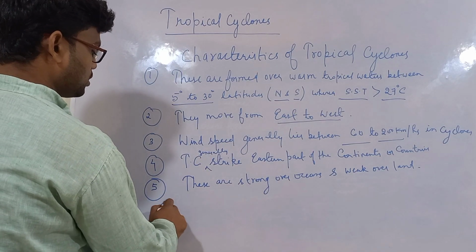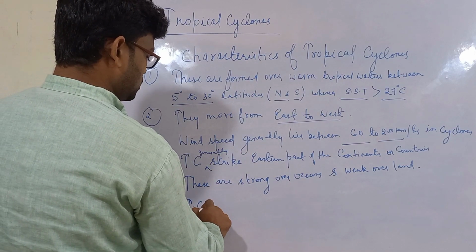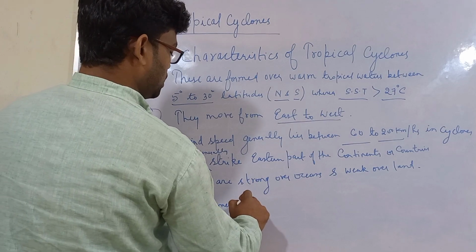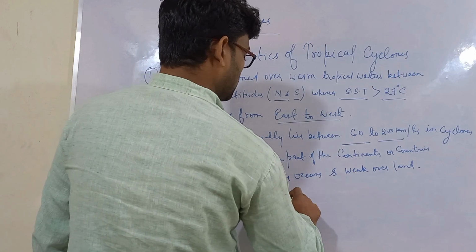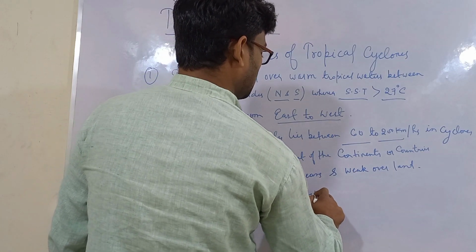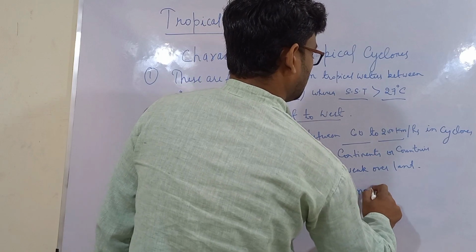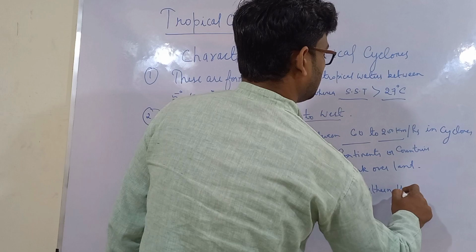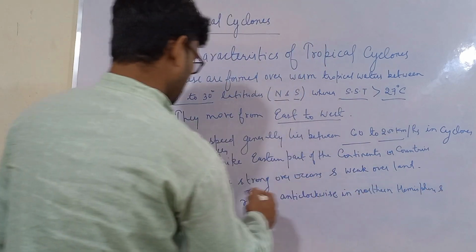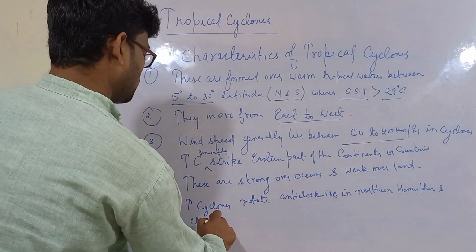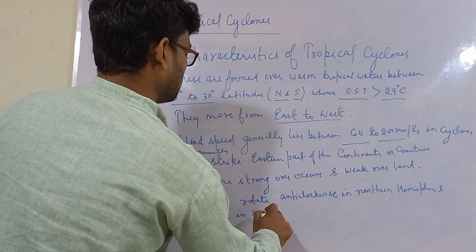Now the sixth one is: these tropical cyclones rotate anti-clockwise in the northern hemisphere and clockwise in the southern hemisphere.